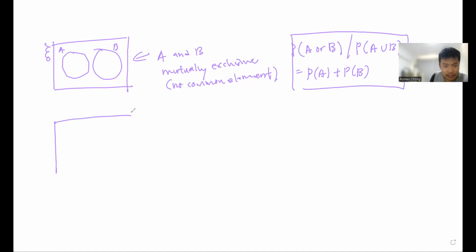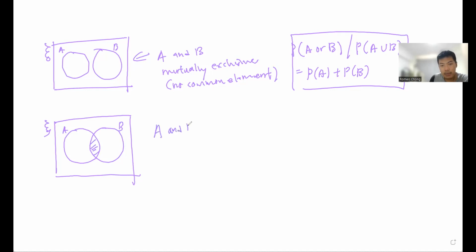But in another case, if you have A and B and somehow they intersect partially, there's some intersection, right? Meaning that your A and B are not mutually exclusive, which means that there is some common element.